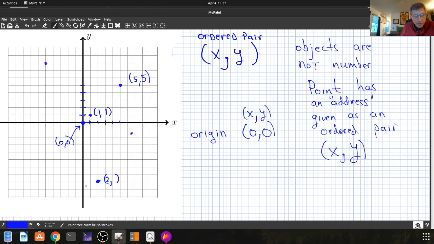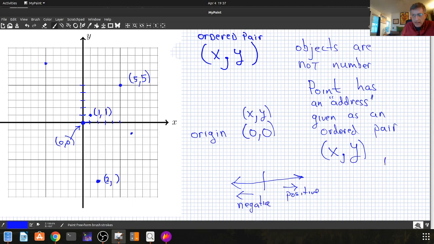And here I'm going down, so that's in the negative direction. On the number line, when we divide the number line at 0, this side is positive, and this side down here is negative.